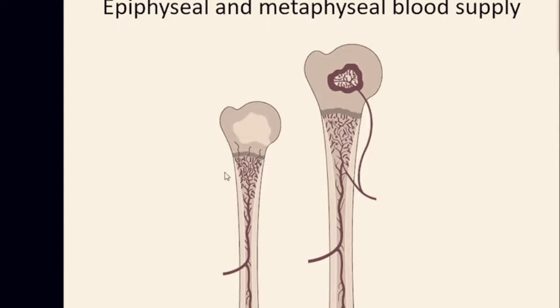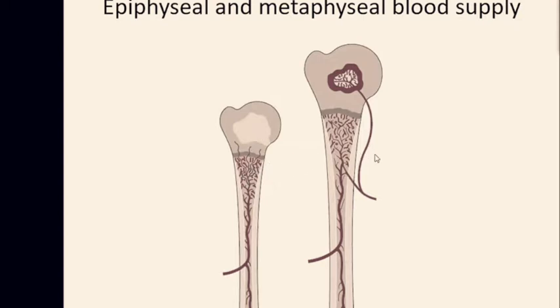This is the metaphysis, this is the physis, this is the epiphysis. The blood vessel is traversing this physis, so we understand that if there's an infection, it can pass through and go to the epiphysis.